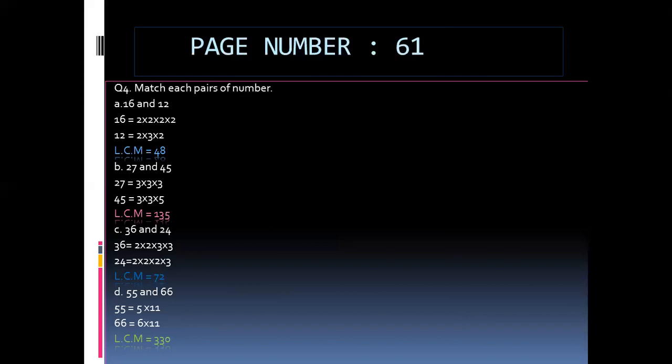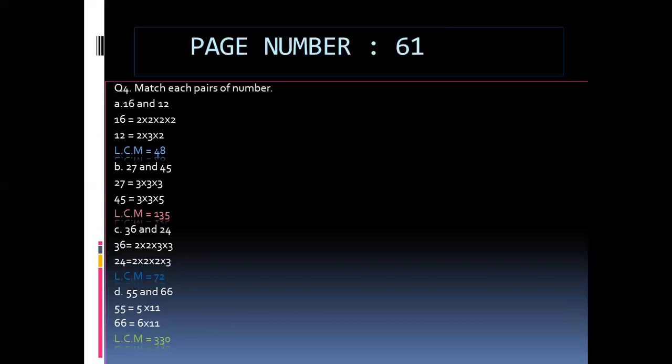Suppose the first part is given, 16 and 12. So we check 16 and 12, and after finding the LCM we see where the answer of these two numbers lies. We match the columns with each other. I am doing the rough work for you already.